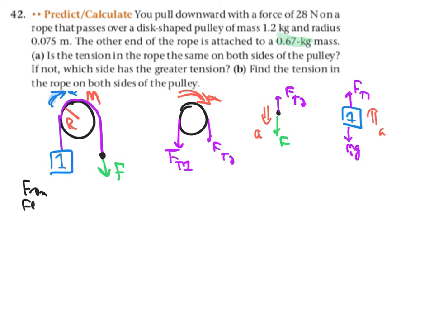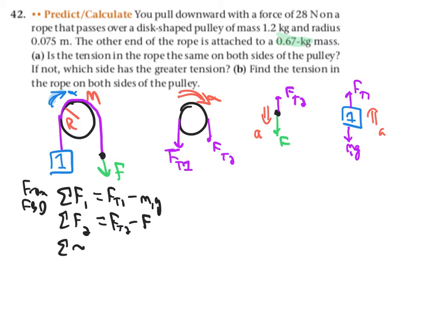From the free body diagrams, we end up with a bunch of interesting statements. For instance, the sum of the forces on box 1 is FT1 minus the weight of box 1. The sum of the forces on this massless point of rope, which I'll call 2, is FT2 minus the force that you're exerting.